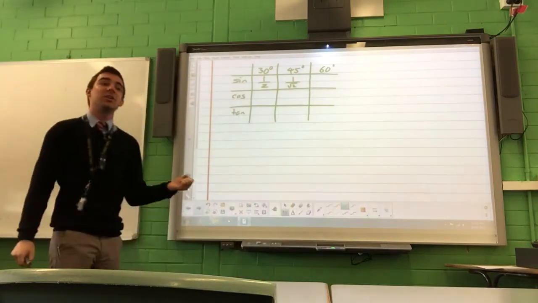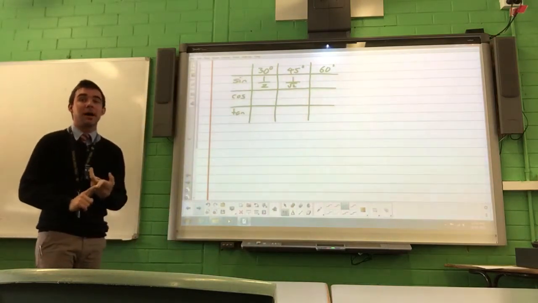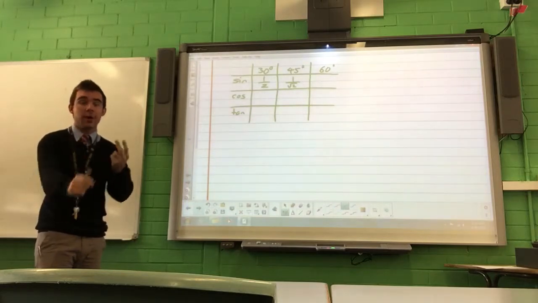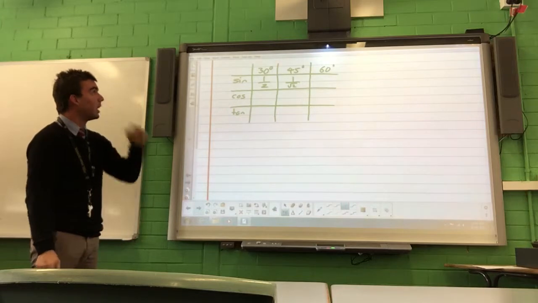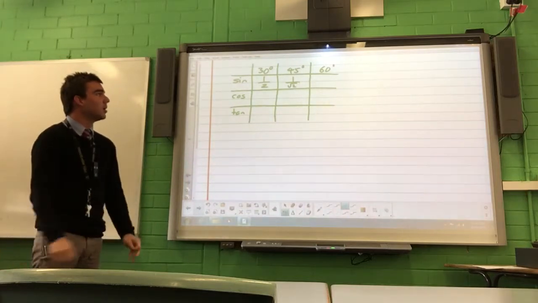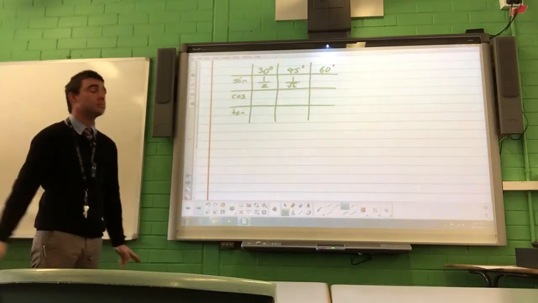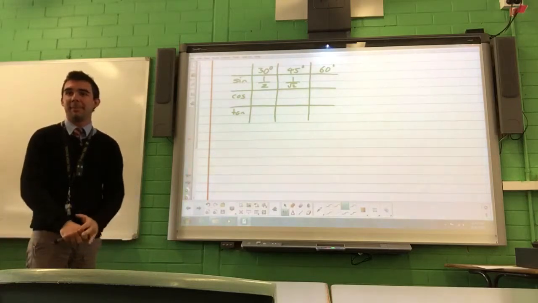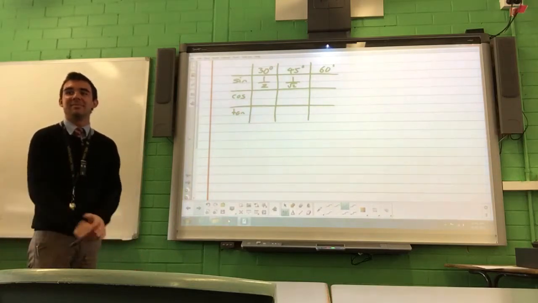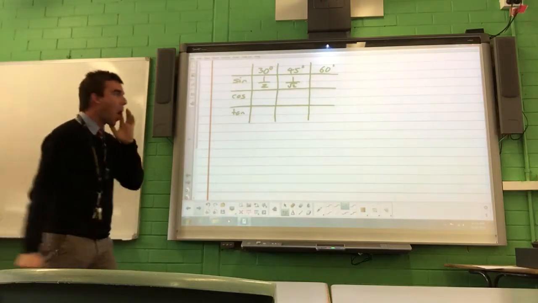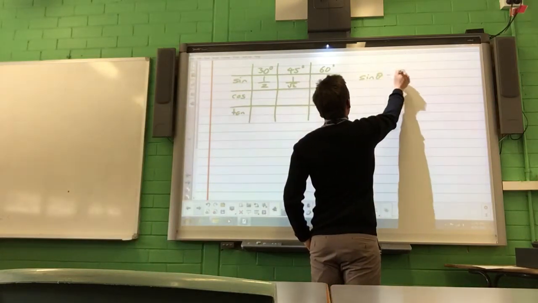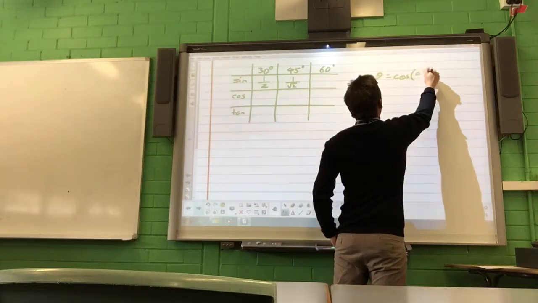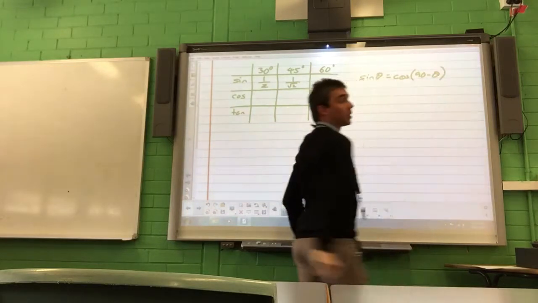I have told you that you need to learn this table off by heart, or you need to be able to derive the values quickly. The other thing you can do is, from sine of 30, tell me the value of cos of 60. Back to your complementary identity: sine of theta is cos of 90 take away theta.